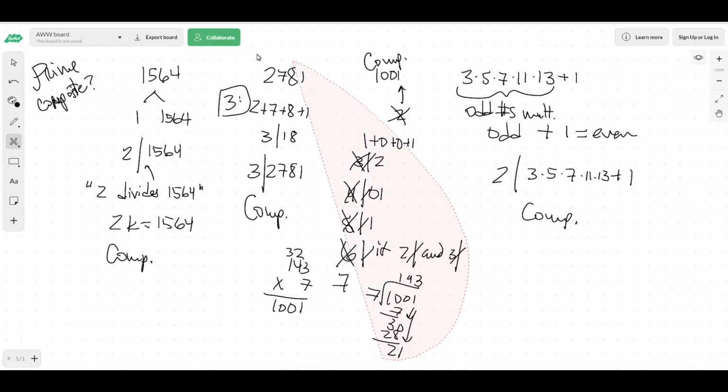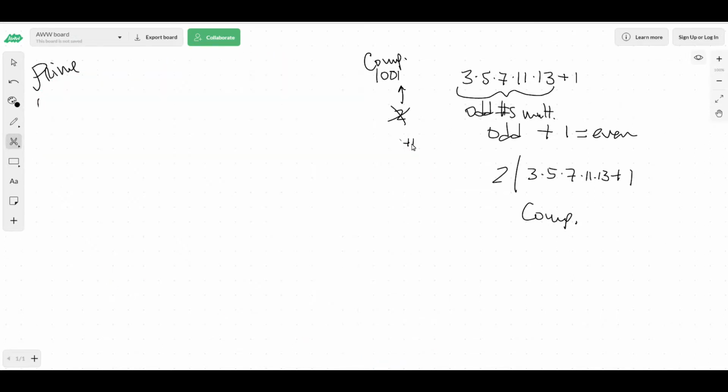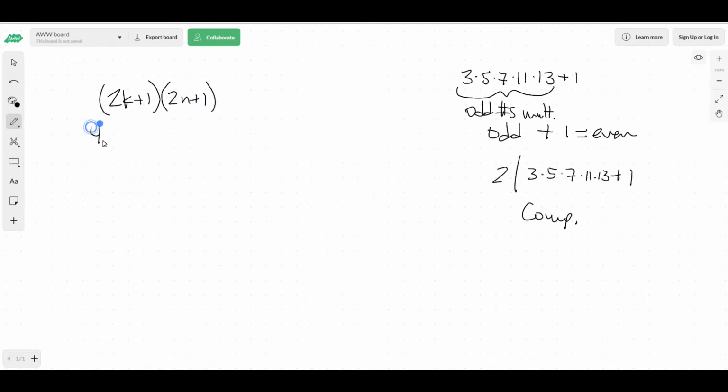Let me erase all this. Okay. So let's say I have an odd number. That's the format for it. And I multiply it by another odd number. I get 4nk plus, just multiplying it out, 2n plus 2k plus 1.